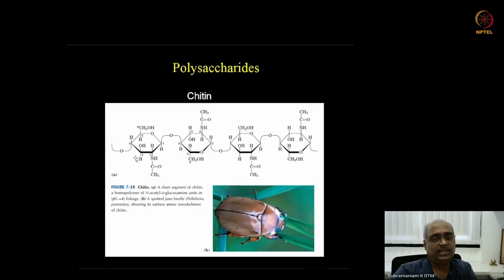This group is N-acetyl glucosamine in beta 1,4 linkage with N-acetyl glucosamine, and therefore it is beta 1,4. This disaccharide keeps repeating. So the beta N-acetyl glucosamine repeat is what is chitin, and that is what makes the shiny exoskeleton of insects. Okay, this chitin disaccharide is called chitobiose.